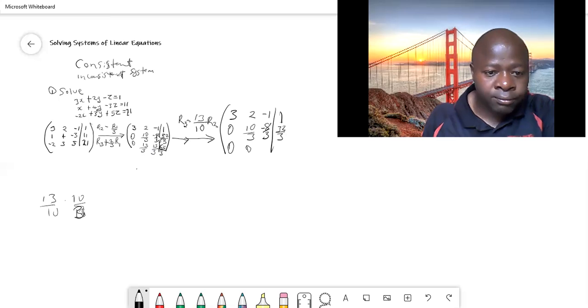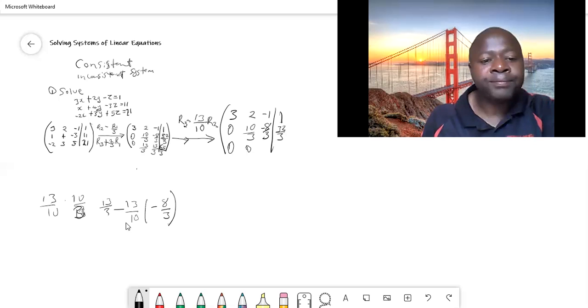And then 13 over 10 of negative 8 over 3, subtracted from 13 over 3.